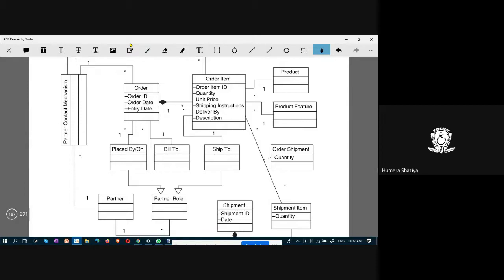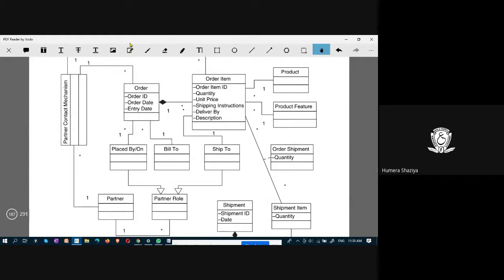An order consists of order items. One order can have multiple items, and every item that is a part of one order would have an order item ID, its quantity, its unit price, its shipping instructions.